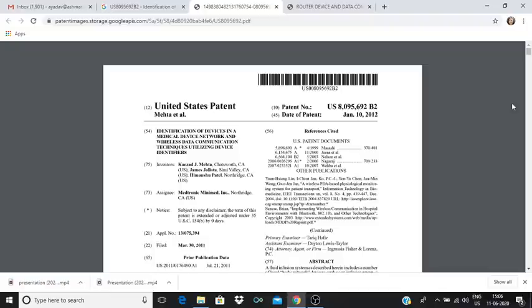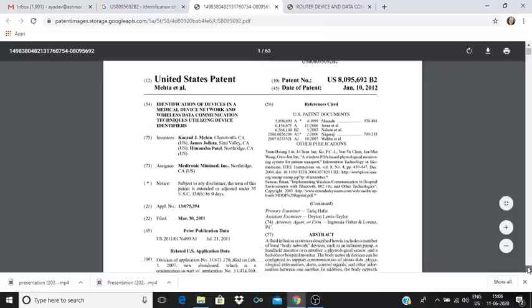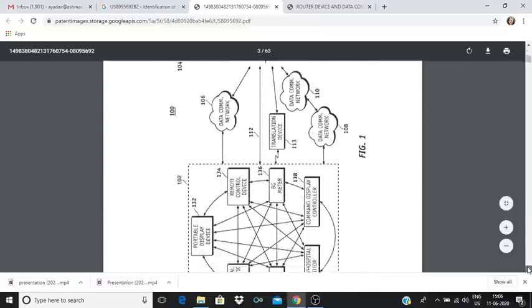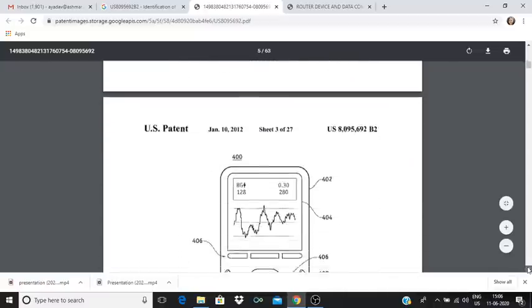The second portion of the specification is the background. Let's see, this is an abstract. The figures are given at the top.